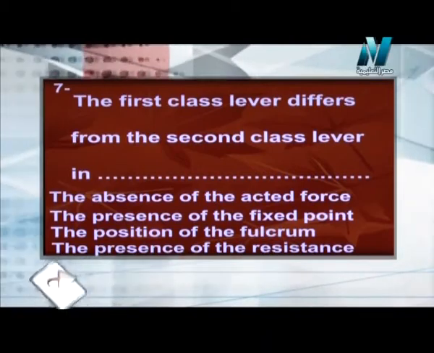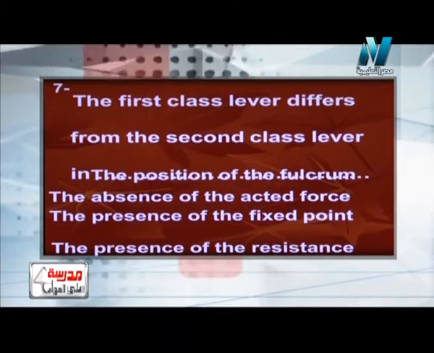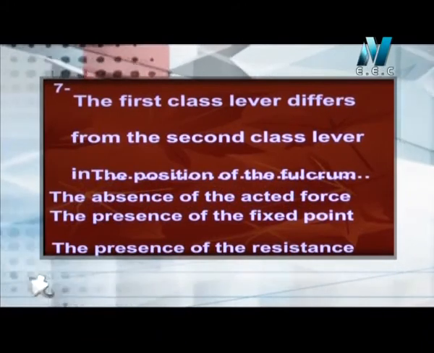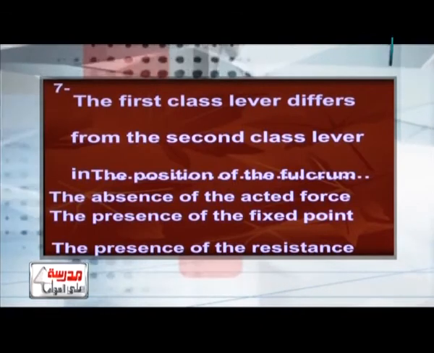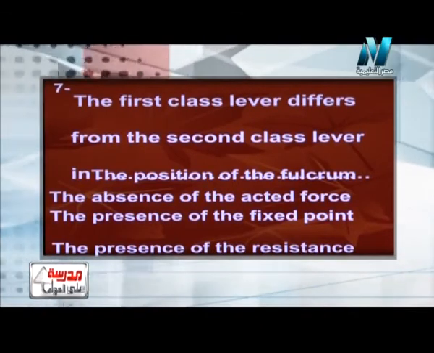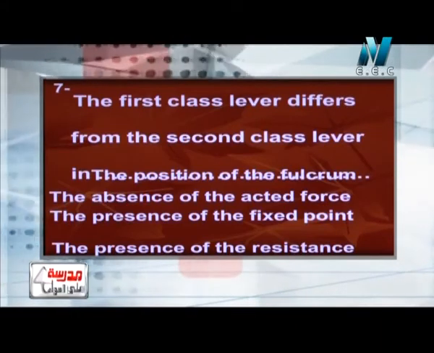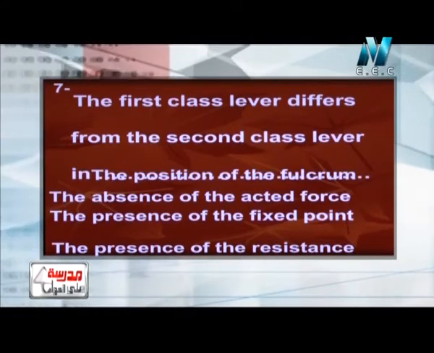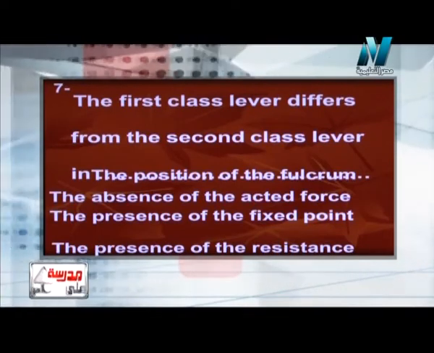Surely the answer will be the position of the fulcrum. If the fulcrum is in the middle, it will be the first class lever. If the resistance is in the middle, it will be the second class lever. If the effort force is in the middle, it will be the third class lever. So again, the first class lever differs from the second class lever in the position of the fulcrum.